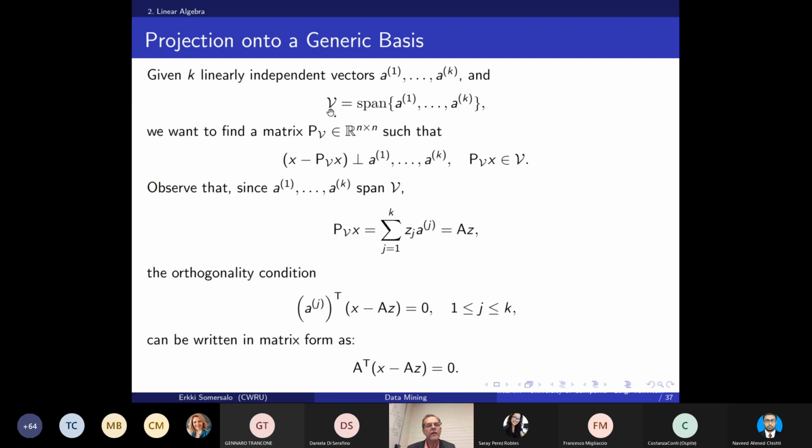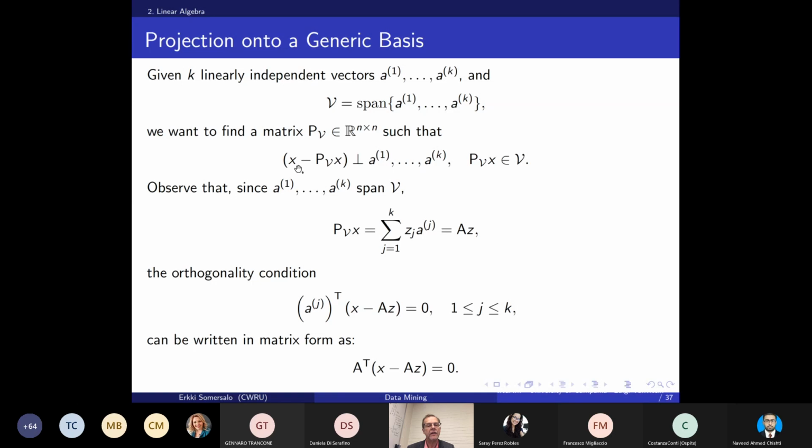Now I'm asking, what is the projection of x to this subspace? I'm using the same logic as before. I'm writing that x is the projection plus an orthogonal part. So x minus the projection should be orthogonal to each one of those spanning vectors because they are all members of this vector space V.